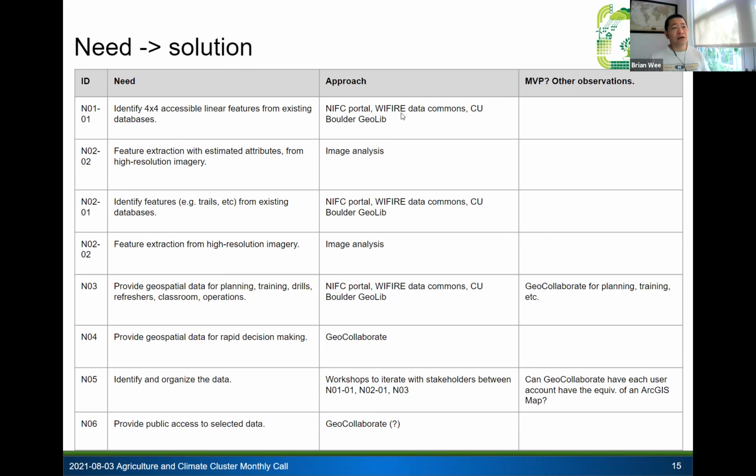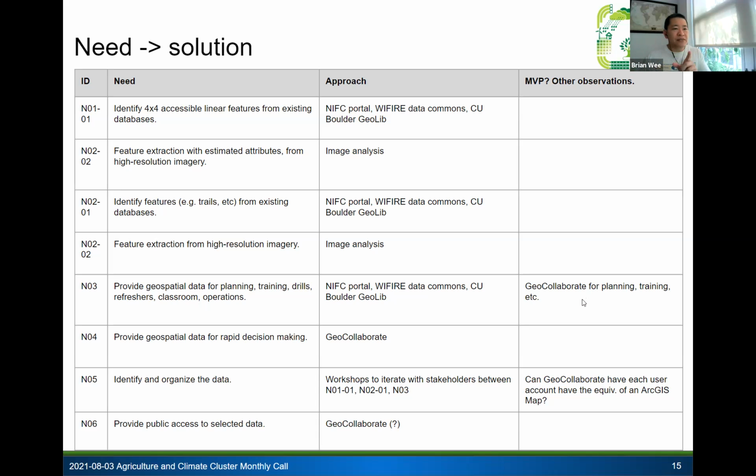They have a data commons, which has been pretty useful. I play around with it to identify relevant data sets. I won't talk about the WIFIRE model repository, which is another whole lecture by itself. I'm not an expert, but here are some potential ways to go about putting together the pieces that will contribute to a minimum viable product, an MVP.